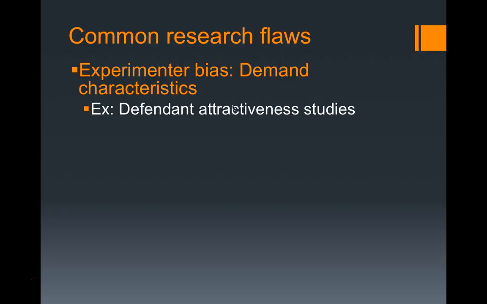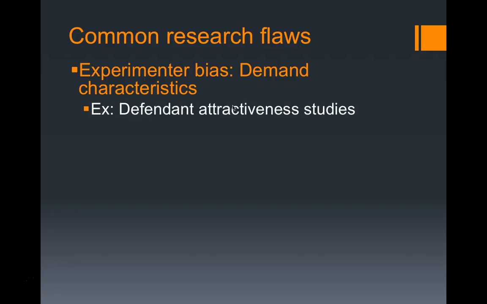So, for example, people read a number of vignettes when they're presented with a picture of the defendant, okay, and then they read about the trial, and then they're asked, do you think the person's guilty or not guilty? And half the time it's a really good-looking, very attractive defendant. The other half of the vignettes, it's a relatively unattractive individual.